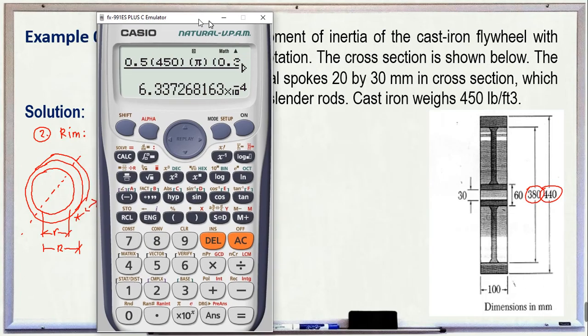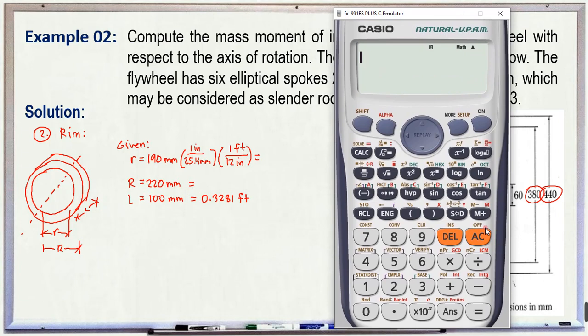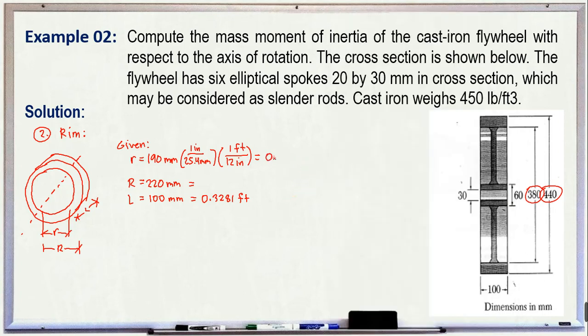Now for the inner and outer radii, let's start with 190 times 1 over 25.4 times 12. We have 0.6234 foot.